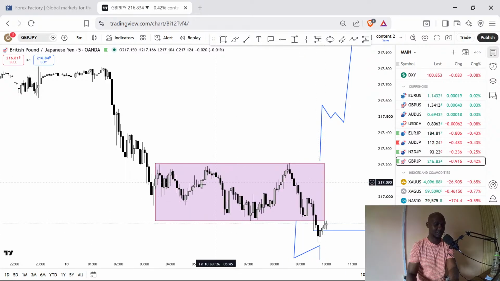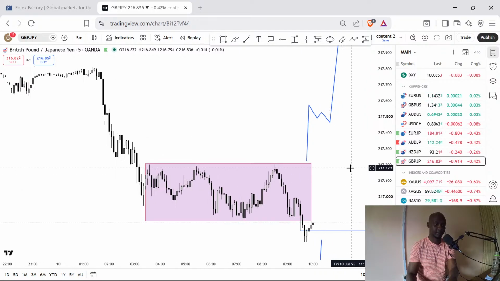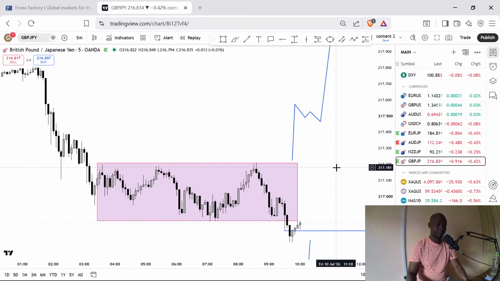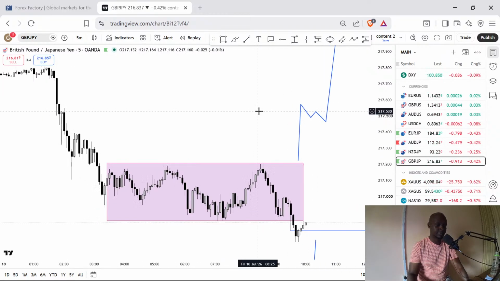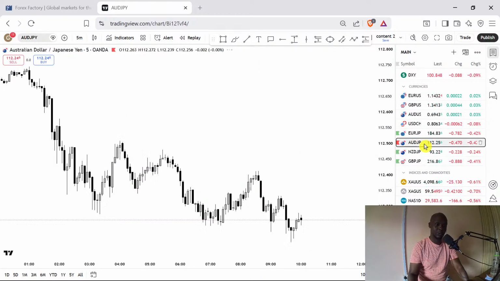We're starting to go back inside the consolidation or the range. So if we continue pushing lower very aggressively, I might consider taking shorts. But for now, my main bias is still going to be longs on these yen pairs on the 5-minute time frame, but that might change. So we'll have to wait and see how price is going to develop.